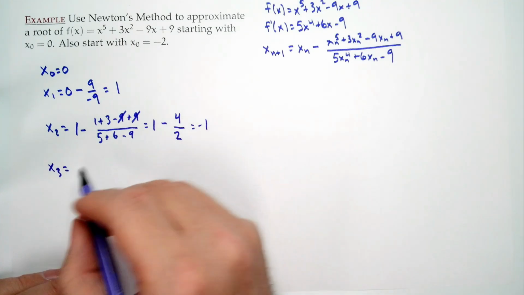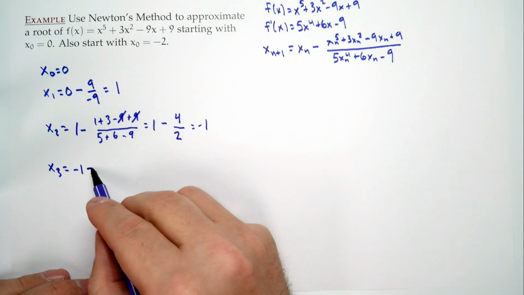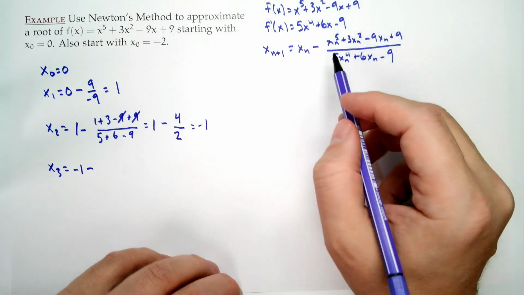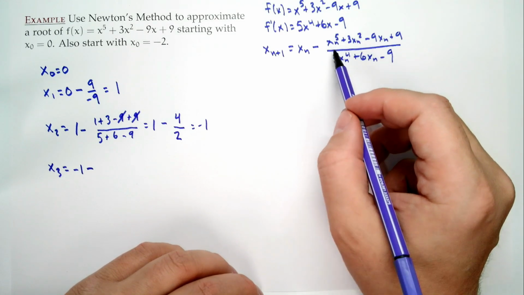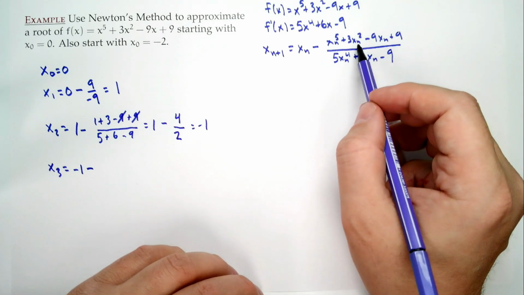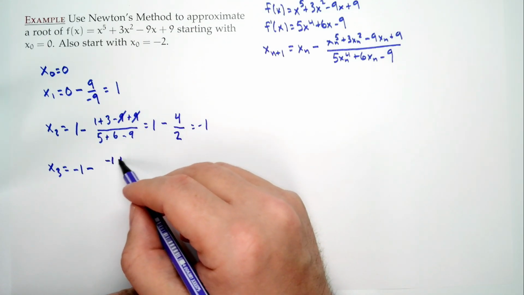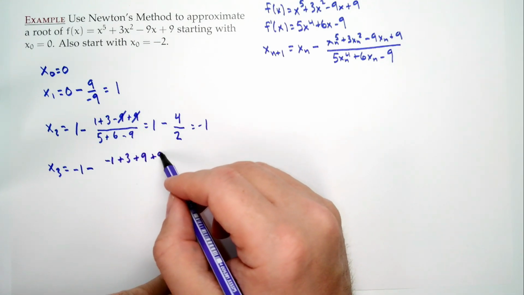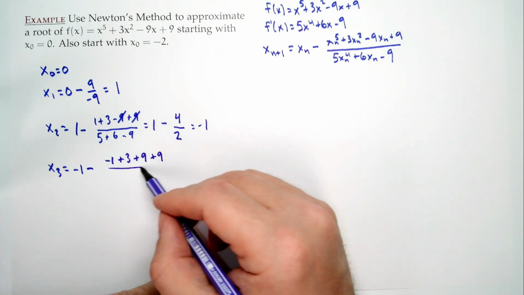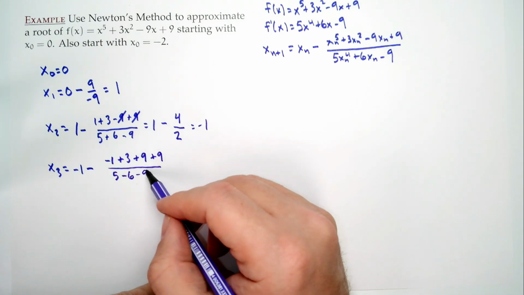Okay, so it's negative 1. Our previous guess, minus. Now let's be careful here. We're taking negative 1. When it's to an odd power, it's negative 1. When it's to an even power, it's plus 1. So it's negative 1 plus 3 plus 9 plus 9. And downstairs, it's 5 minus 6 minus 9.